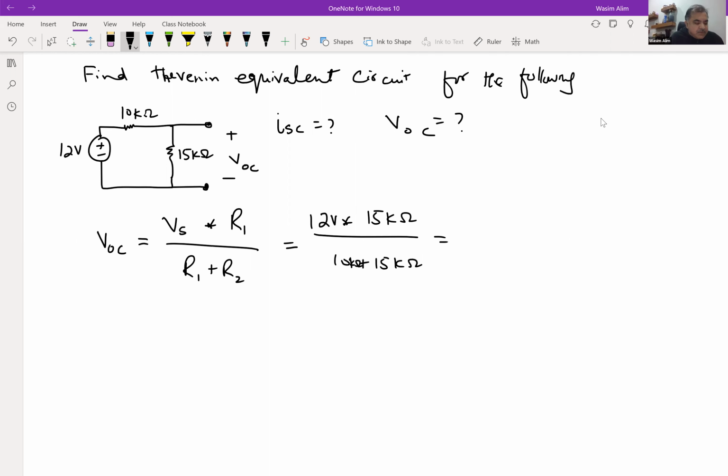So we get 25 at the denominator, and we have 12 times 15 is 180 over 25. So let's do the calculation there.